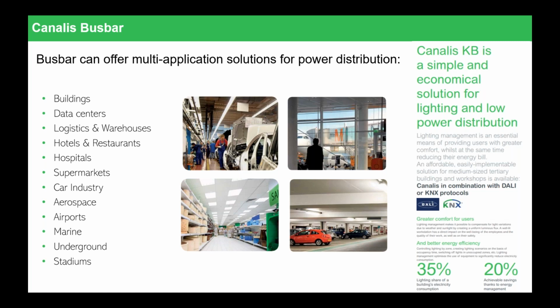Warehouses and logistics are still being built, and in order to distribute the electrical power in them, you need a busbar. It's easy to manipulate, easy to install, and so on.